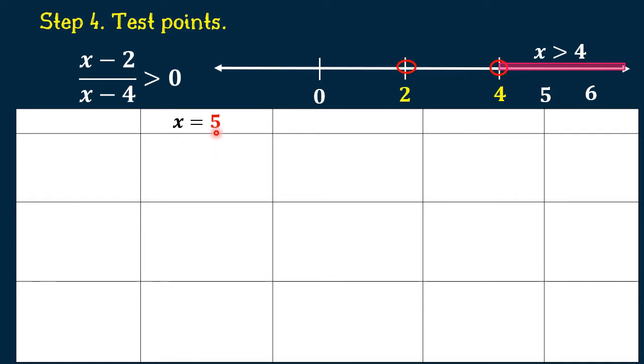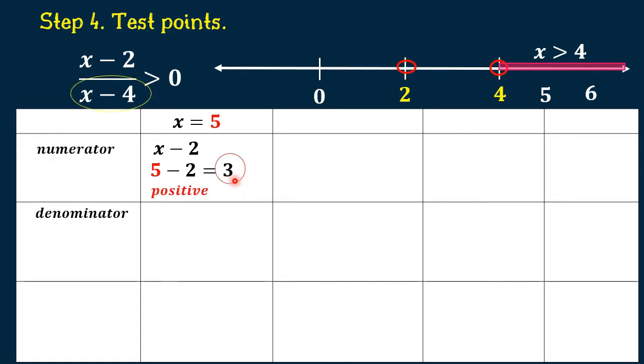We will plug in 5 to the numerator, the value of x. So we have 5 minus 2, which is positive 3. So the result is positive. Next, our denominator, x minus 4. So 5 minus 4 is equal to positive 1.